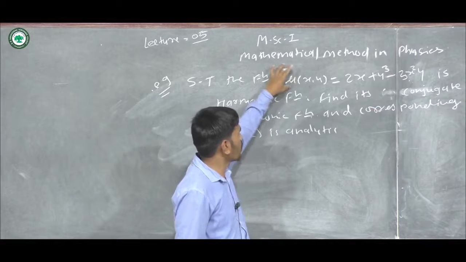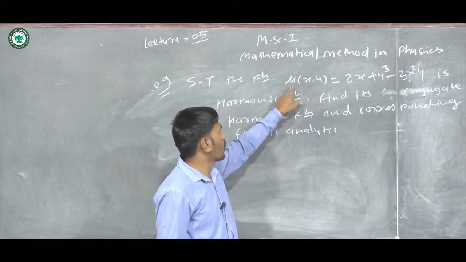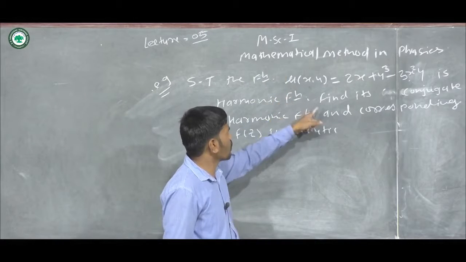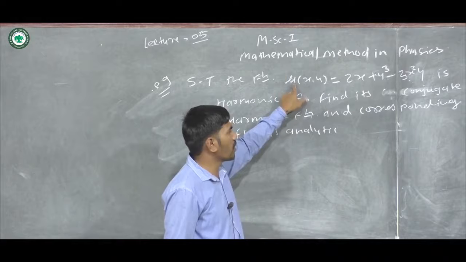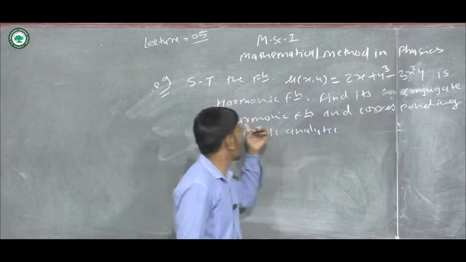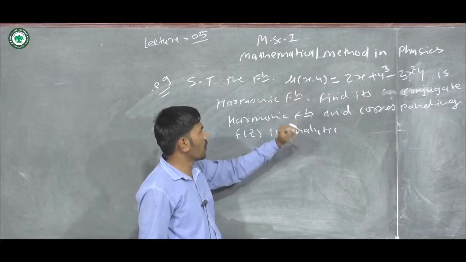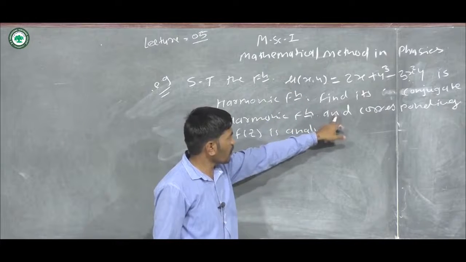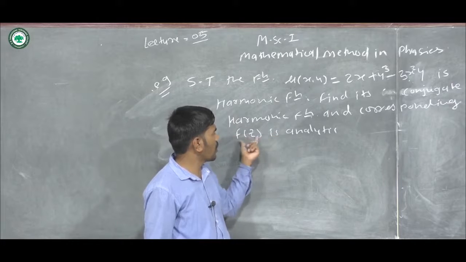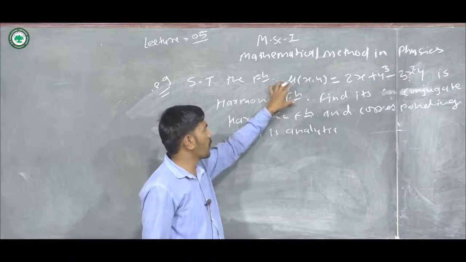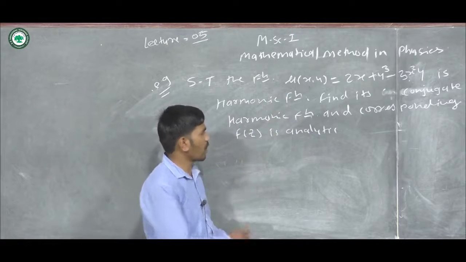The first task is to check whether u is harmonic or not. The second task is to find v, the conjugate of this u. And the third task is to find f of z. If we find u and v, we can write f of z.